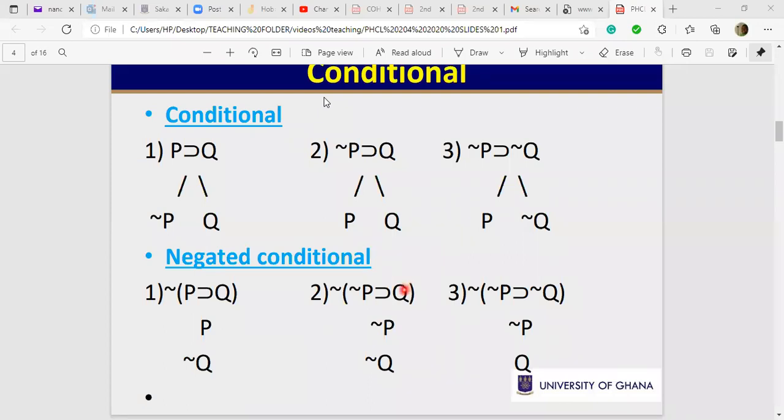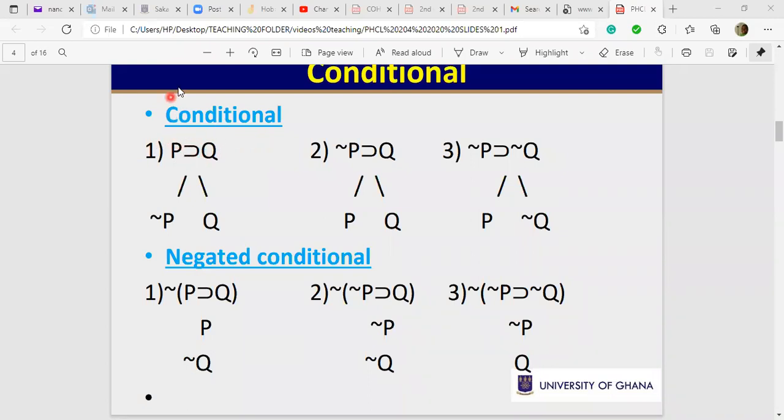We say that there are strings attached. It is only a conditional statement that has that feature, an antecedent and a consequence. Ante means what comes before. Conse means what follows. So it is only this formula, this symbol.